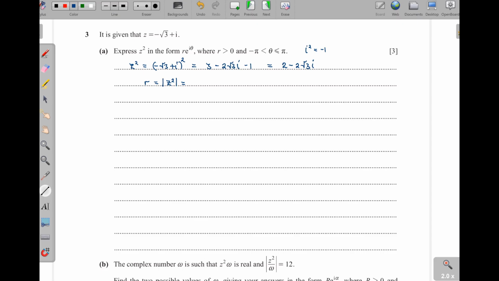Now, before you find the argument, first find out the quadrant within which the complex number lies. So first sketch it, and you see if the complex number lies in the first quadrant, well, that is positive. It will be arctan of y over x.